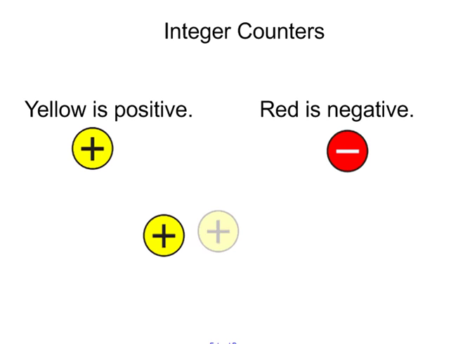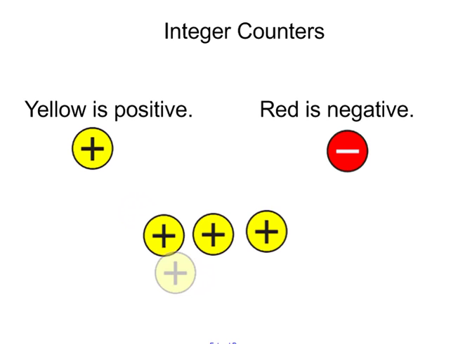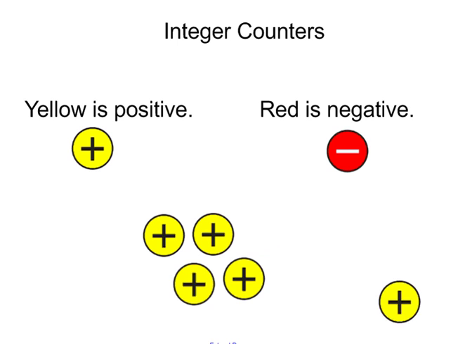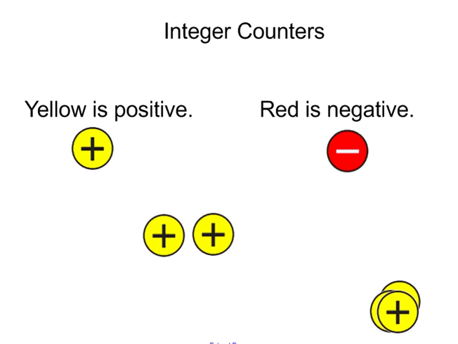I would start with whatever my first number is, so positive 5, and then instead of adding in this second number, I'm just going to take away 3 of those. Once I take away 3, I'm left with positive 2. And we're going to look at how that works when we start including some negatives.